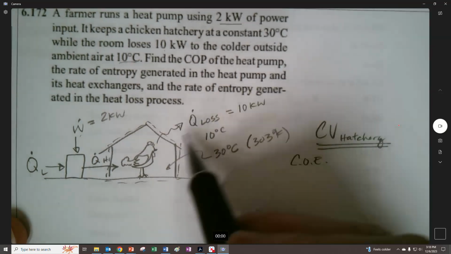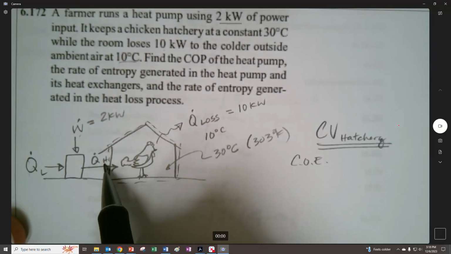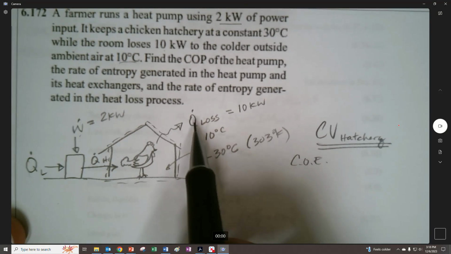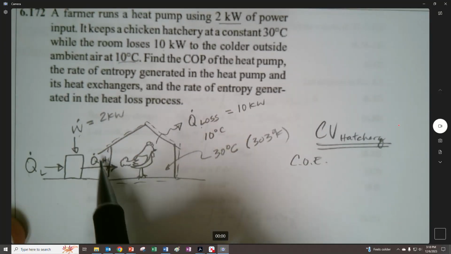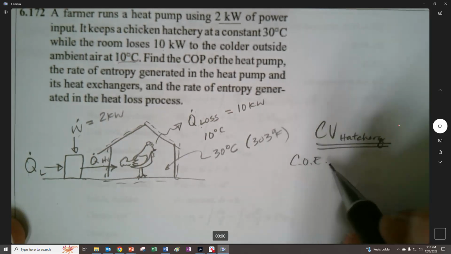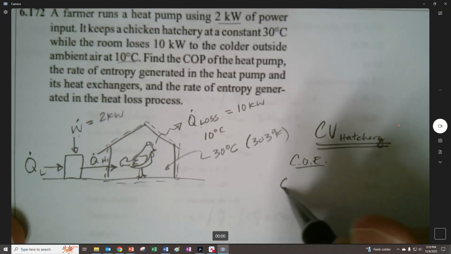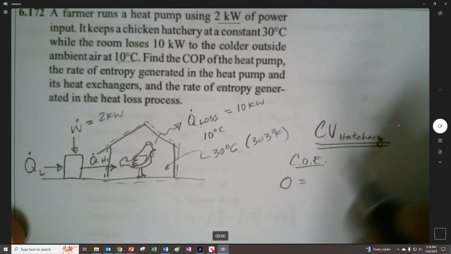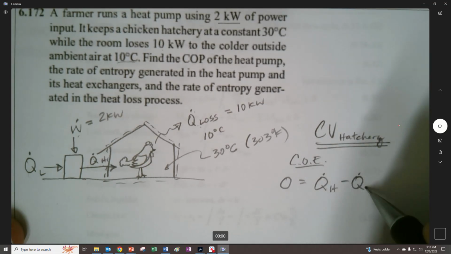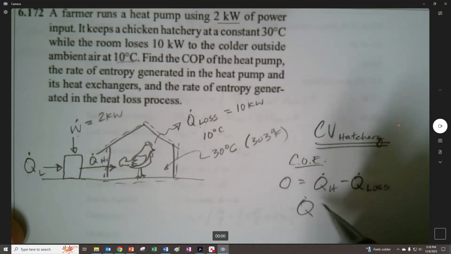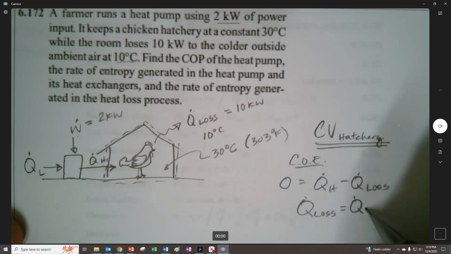We will find that Q dot H must be equal to Q dot loss. So in is Q dot H, out is Q dot loss. It's obvious, they're equal to each other. So that's equal to 10 kilowatts.